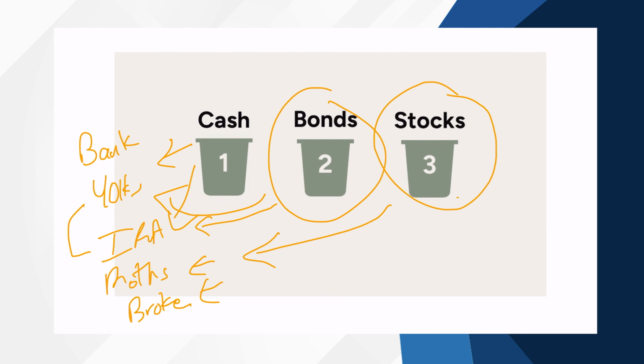So you might have stocks in your IRA, you might have stocks in your brokerage, and then you also might have it in your Roth, right? So you could have stocks in all of those. Like I said earlier, we probably will have bonds in our IRAs, and that's maybe it, because a lot of times our IRAs are going to be our largest account types.